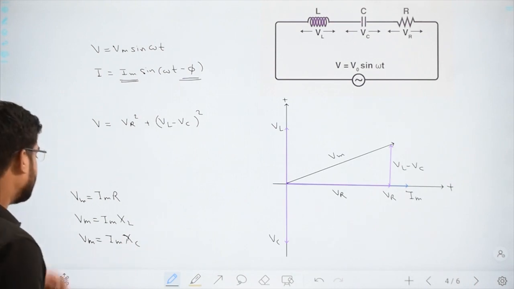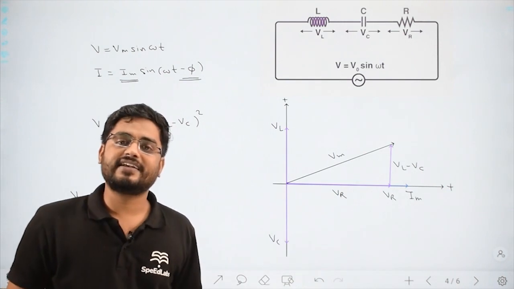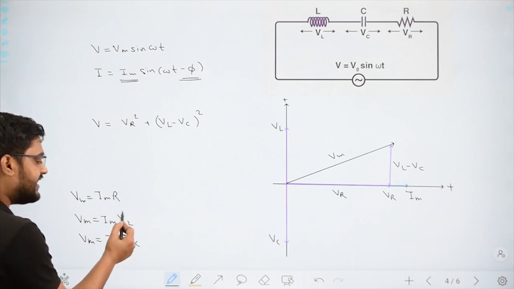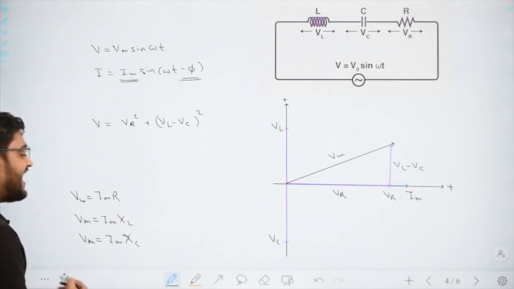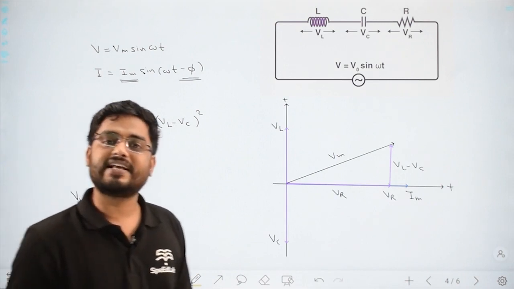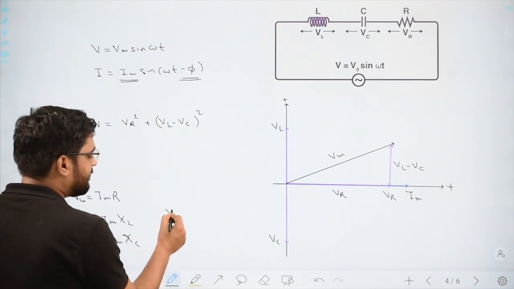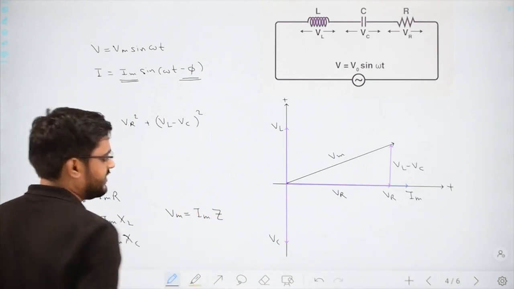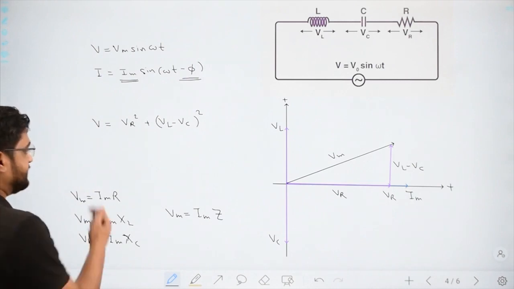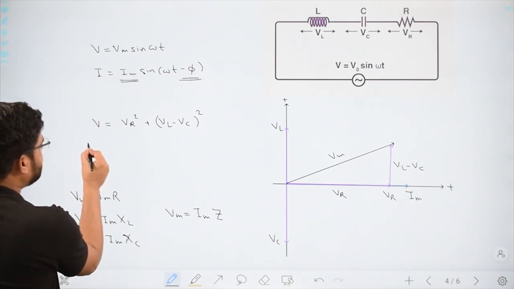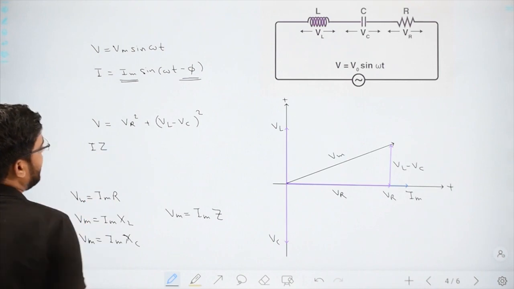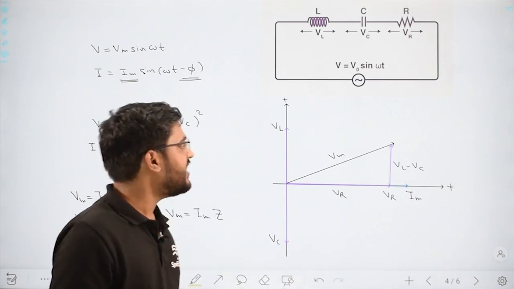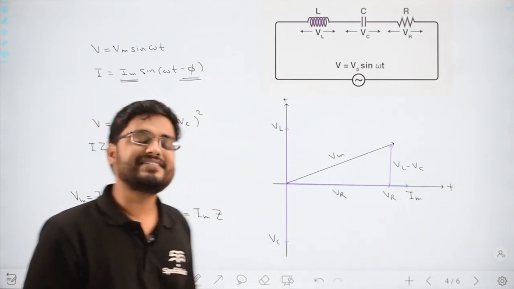If all three are connected, we have to introduce a new quantity, similar to resistance or inductive or capacitive reactance, and that quantity is Z. Z is known as impedance. So let my Vm be Im into Z. Impedance is the effective total opposition offered by the capacitor, inductor and resistor, all three of them.